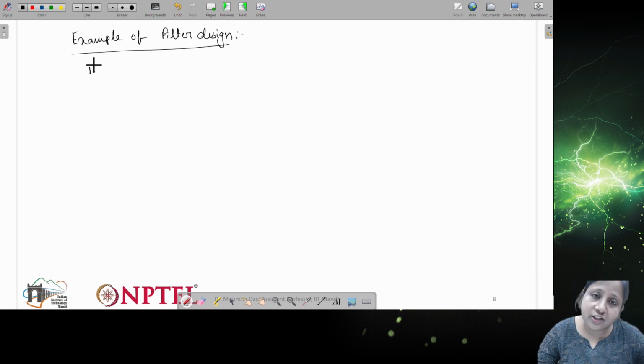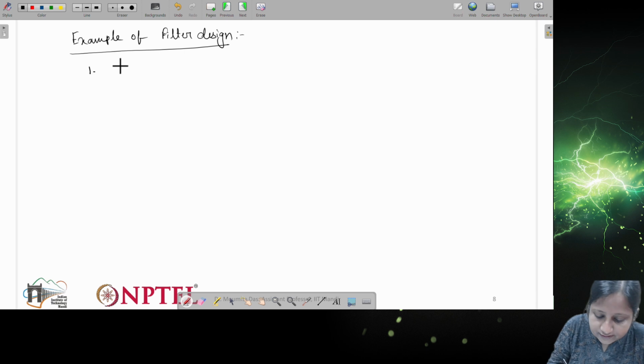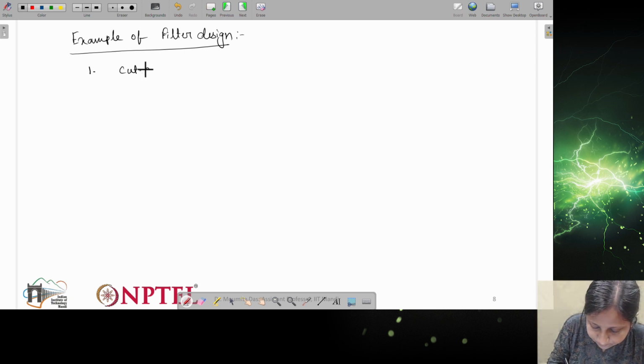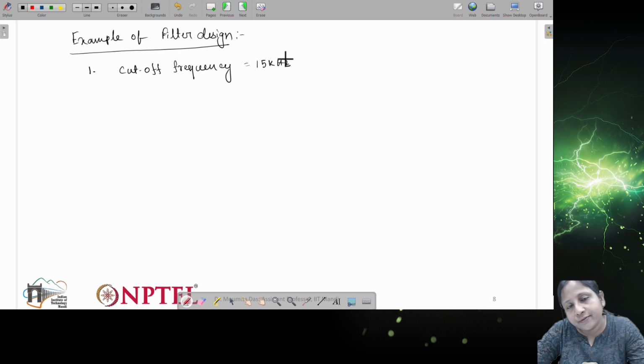We have to find out the cutoff frequency. So let's take an example of cutoff frequency as 15 kilohertz. We have 15 kilohertz.